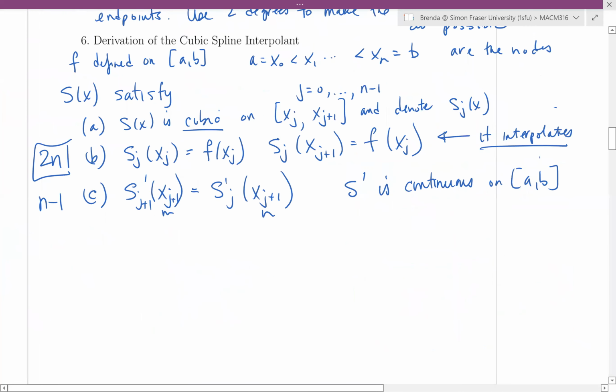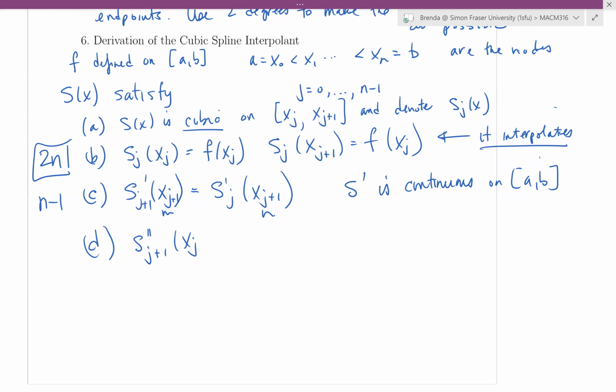Then I'm going to insist on another condition, and that is that the second derivative is matched. So where the functions join on my piecewise function, the function has the same value at that point, the first derivative is the same, and the second derivative is forced to be the same.